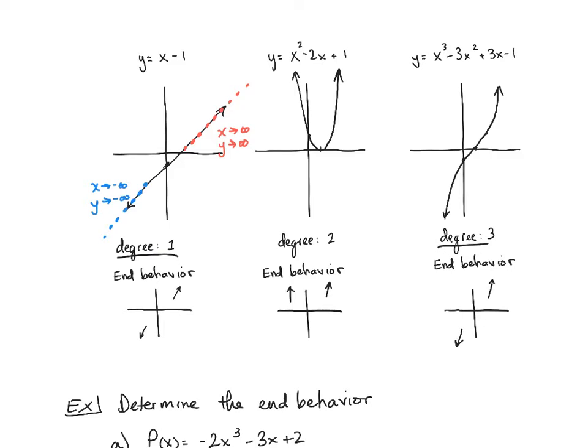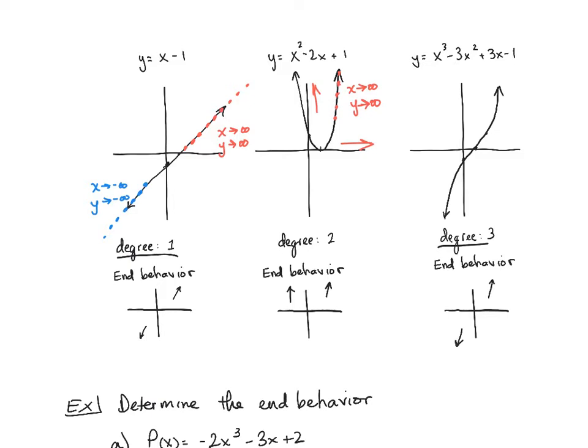Coming over to an even degree function though, so this x squared, if we look at these points on the right side, the x and the y values are both approaching positive infinity because the x values are going this way, the y values are going that way.